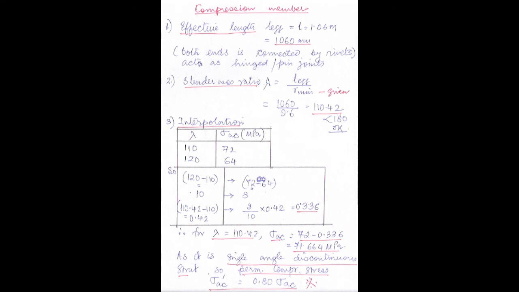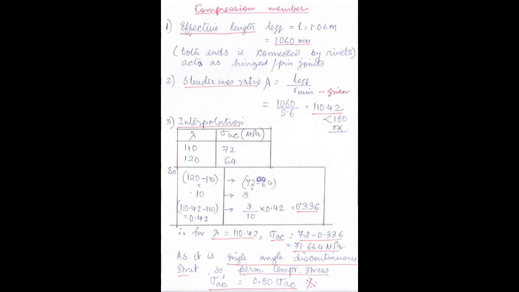Because, I repeat, for a 10 change in the slenderness ratio, the difference in sigma SC is 8. So for a 0.42 change in lambda, the change in sigma SC will be 0.336.